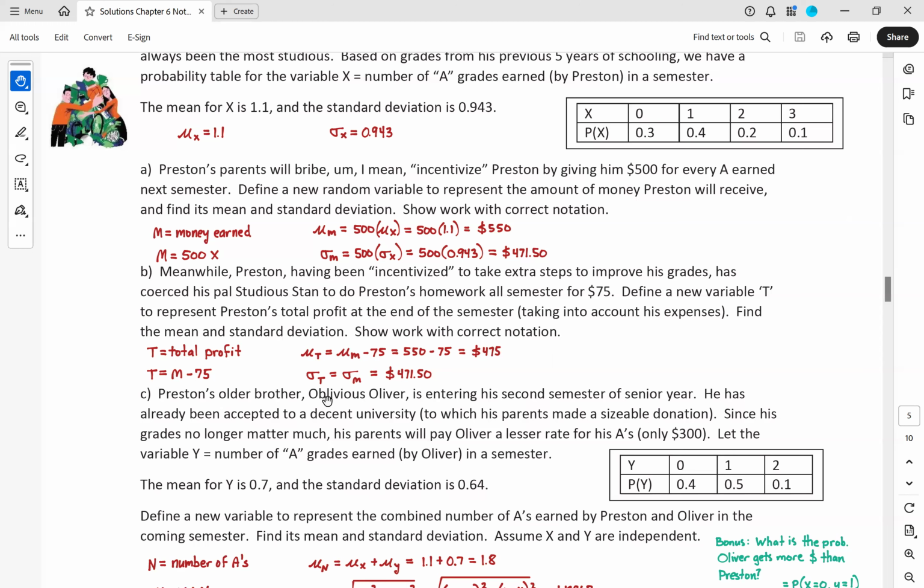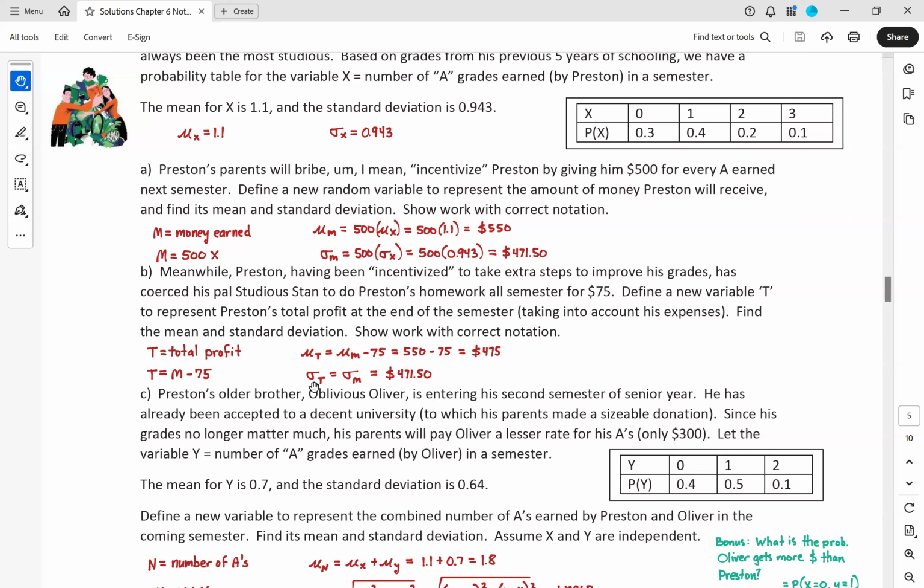We have to be careful with standard deviation because transformations with addition or subtraction of a constant do not affect overall spread of a distribution. If I shift all the possible money amounts by 75 uniformly, those amounts are still the same distance from each other.